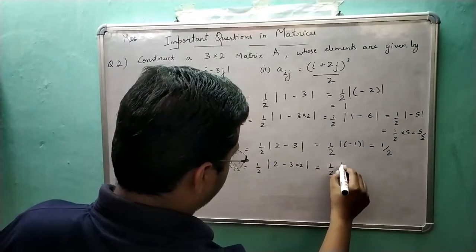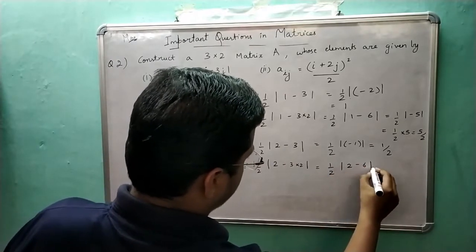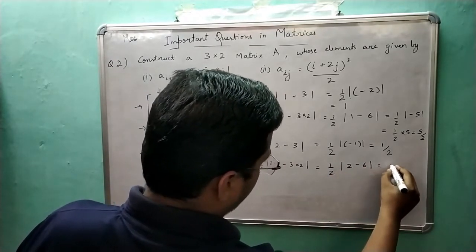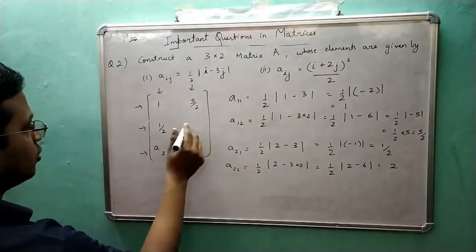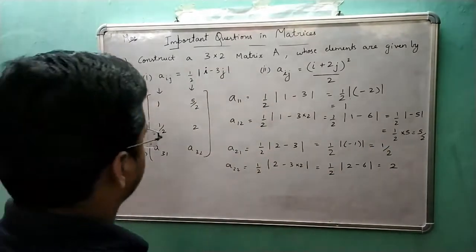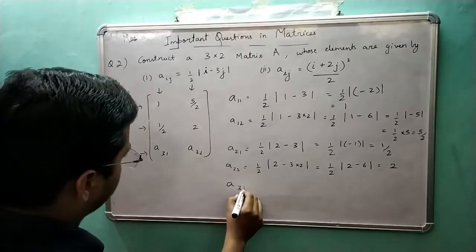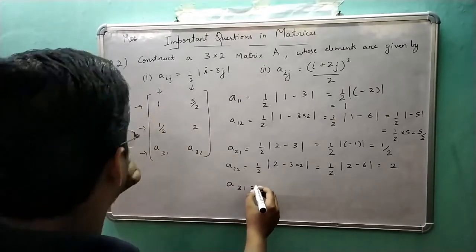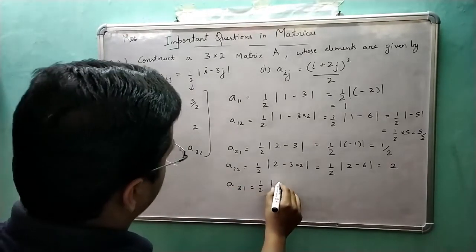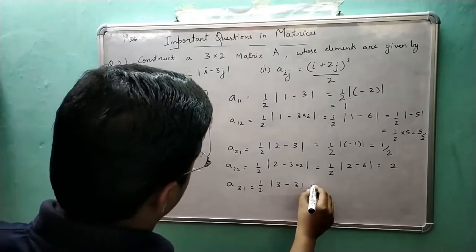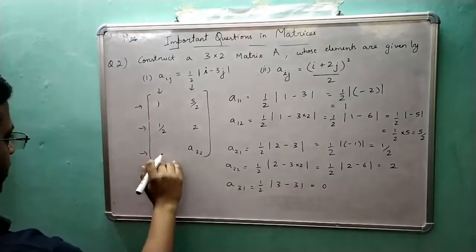So half of mod of 2 minus 6, or half of 4. So A22 is 2. Now A31: i is 3, j is 1. Half of mod of 3 minus 3. So this is 0. So A31 is 0.